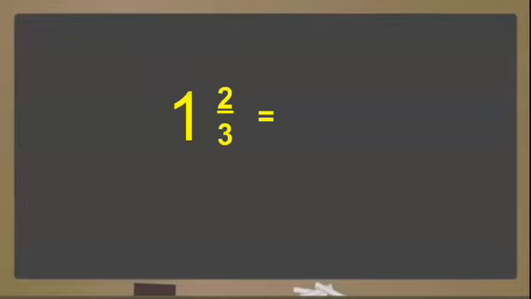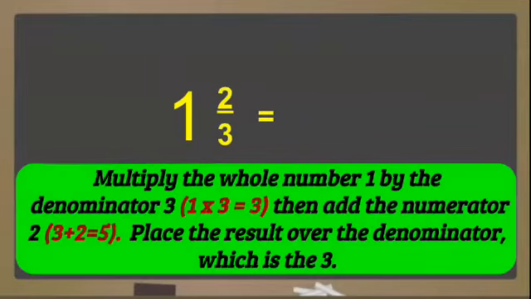Now we can work backwards using our mixed number to get our improper fraction, just to make sure that our answer is correct. By doing this, we multiply the whole number 1 by our denominator 3, which will give us 3.